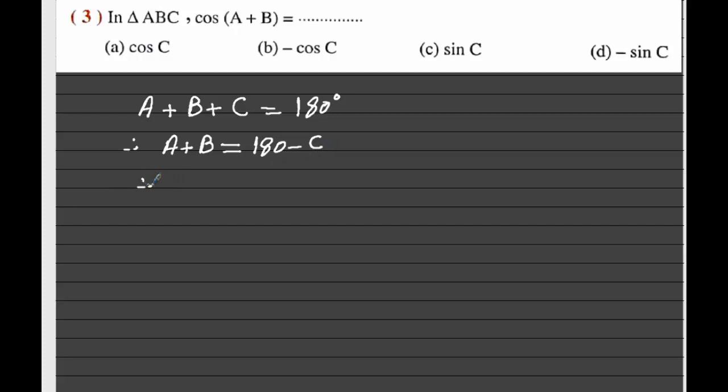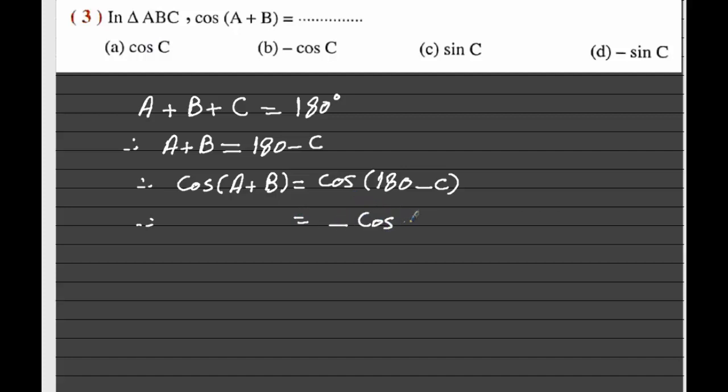Then by taking cosine to both sides, we have cosine A plus B equals cosine 180 minus C. So it is equal to cosine 180 minus C, which equals negative cosine C. As 180 minus C lies in the second quadrant, and in the second quadrant the sine function is positive, so cosine will be negative.